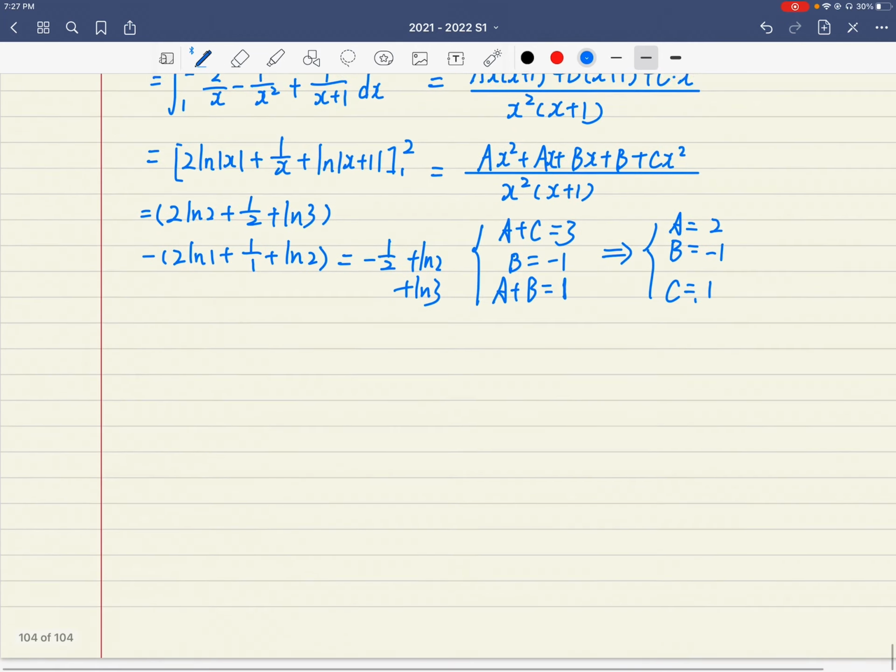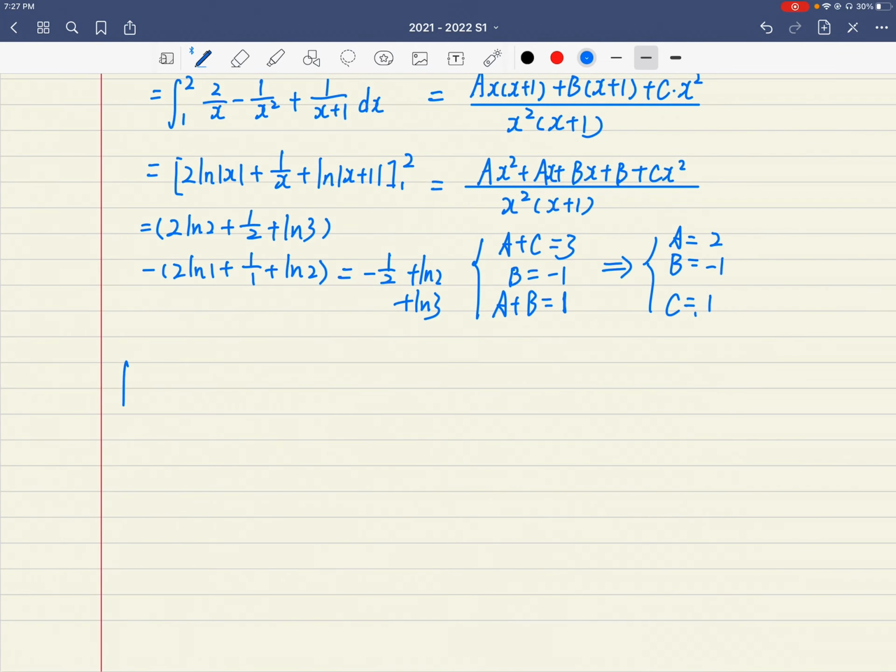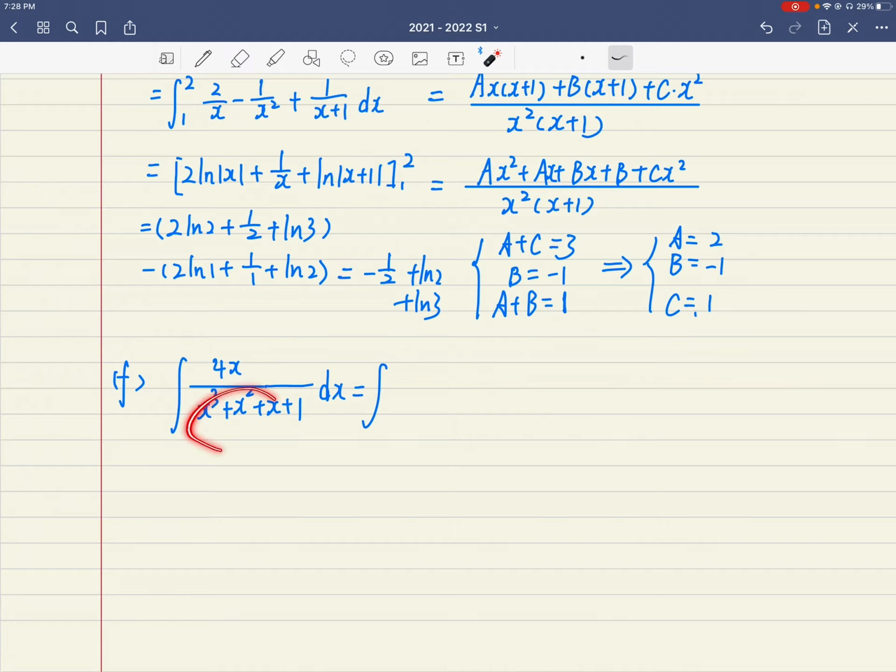Last part, part F. We integrate 4x over x cubed plus x squared plus x plus 1. First thing, you have to factorize the bottom.